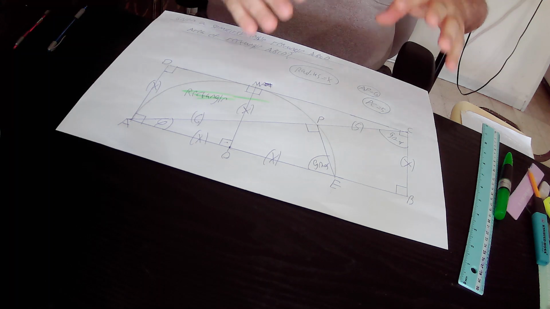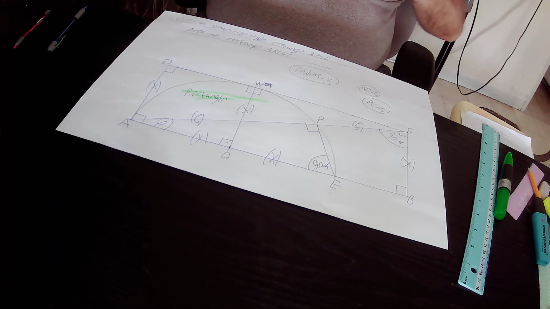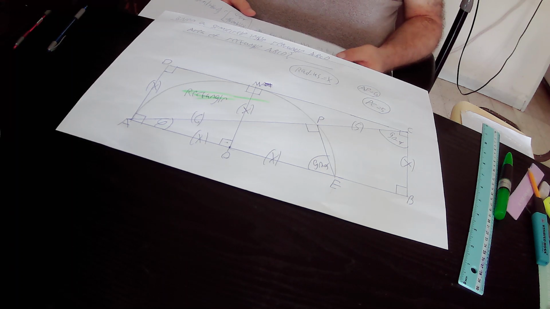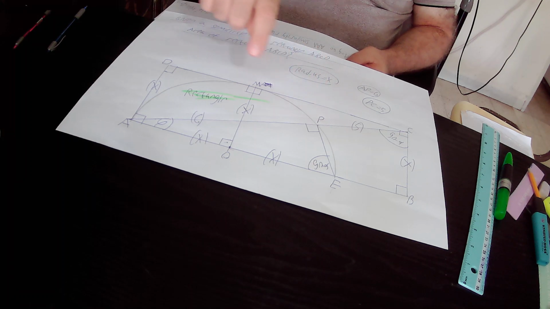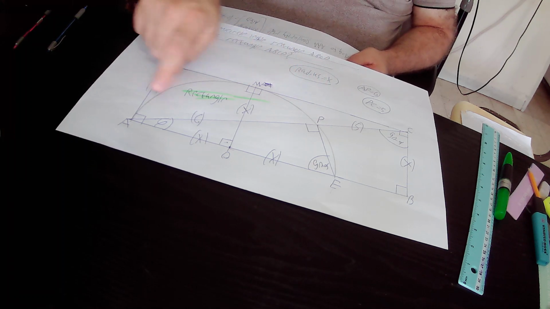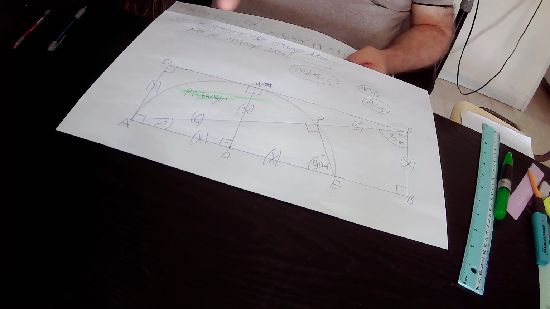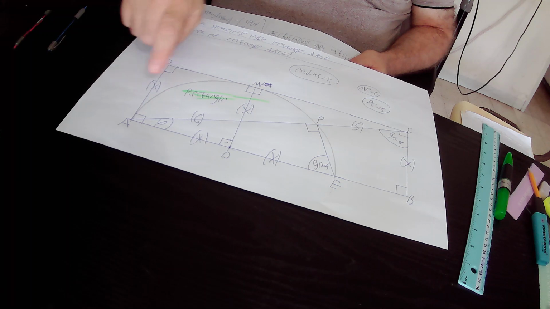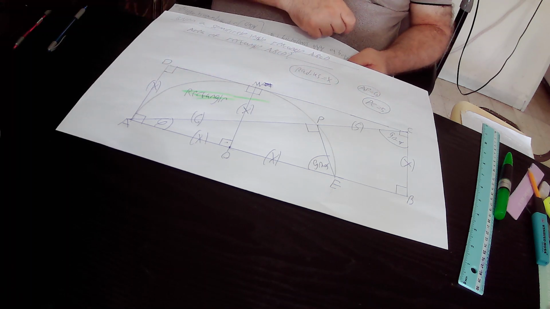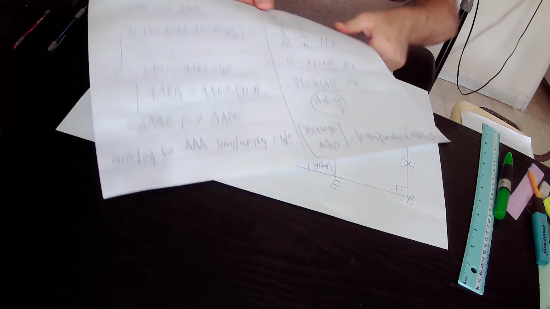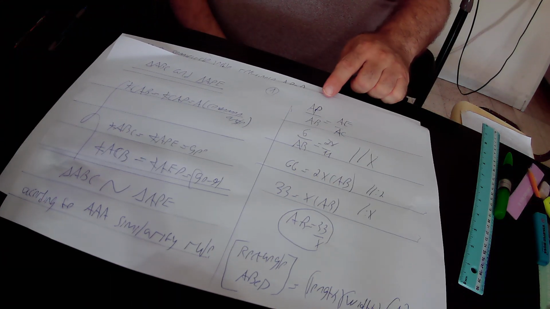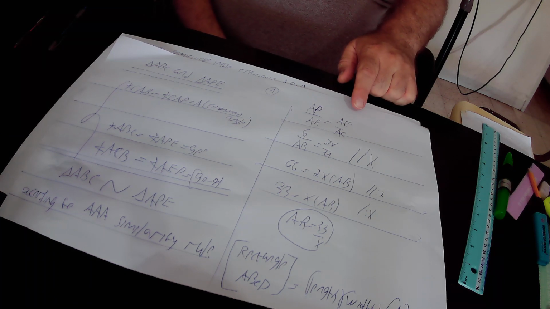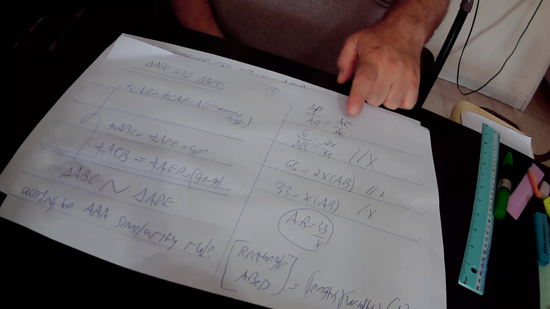And from the fact that those two right triangles are similar to each other, we derive that the following relationship exists between their sides. Side AP of the right triangle APE over side AB of the big right triangle ABC is equal to side AE of the right triangle APE over side AC of the big right triangle ABC.